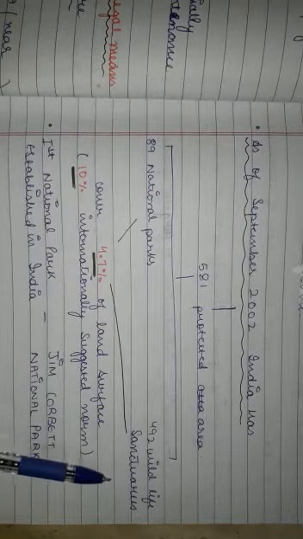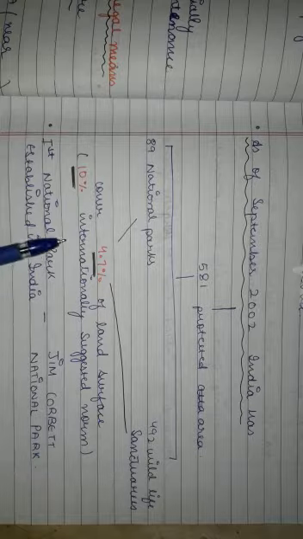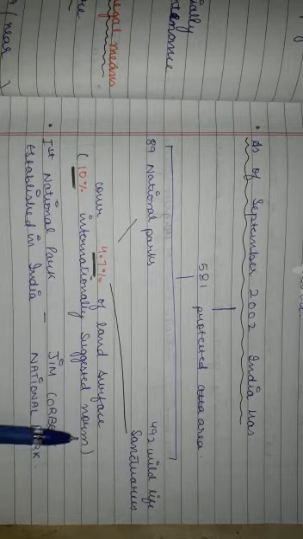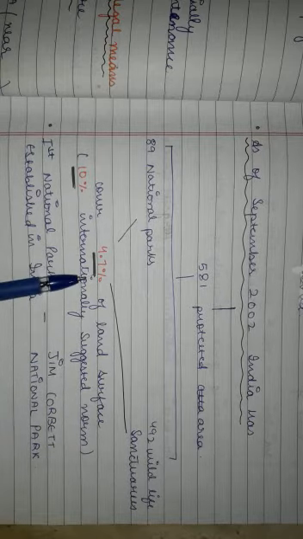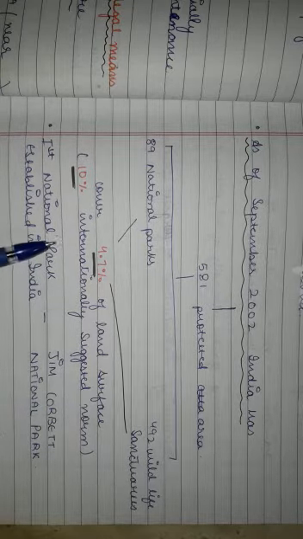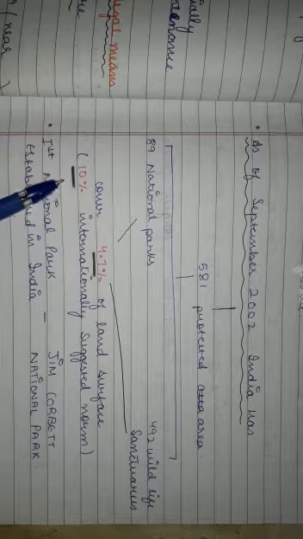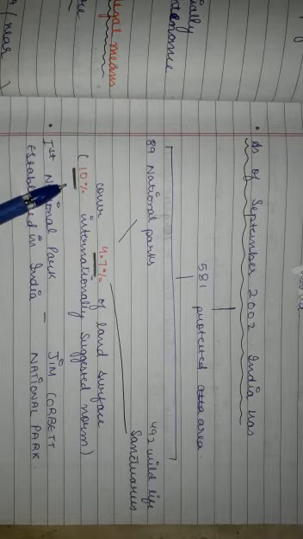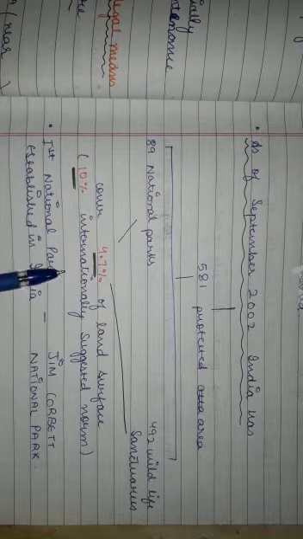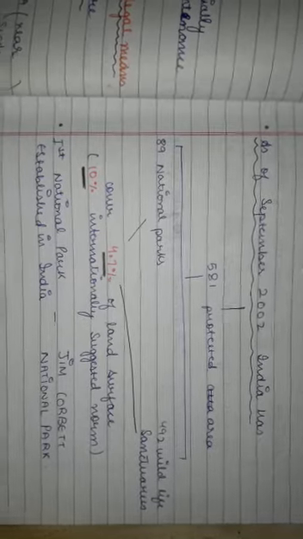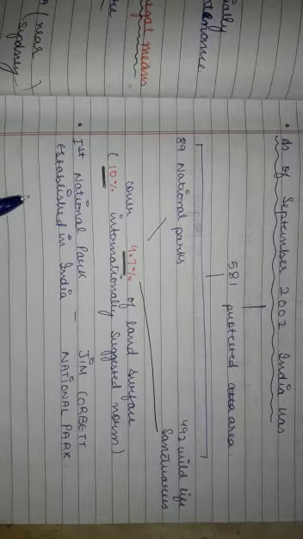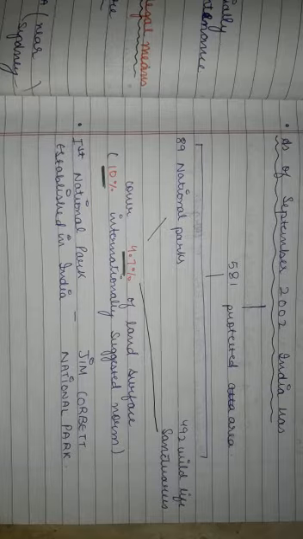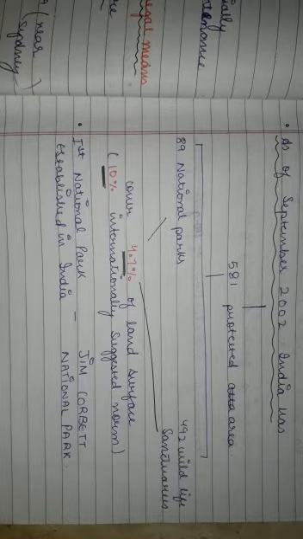These national parks and wildlife sanctuaries cover 4.7% of land surface, and it is only 4.7%, which should be 10% according to international suggested norms. The first national park which was established in India was Jim Corbett National Park.